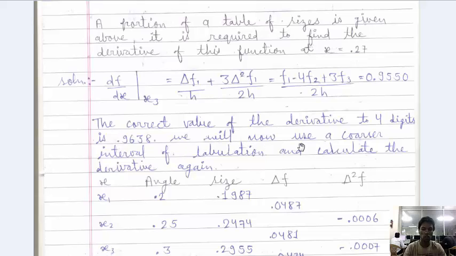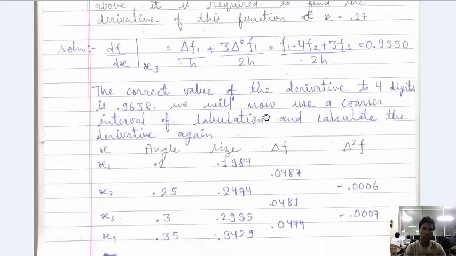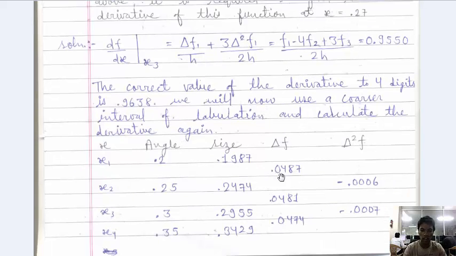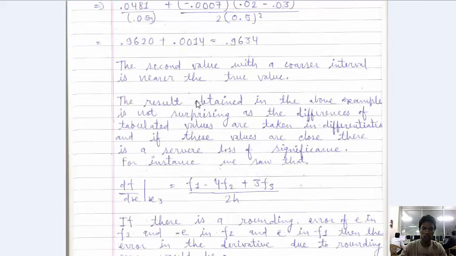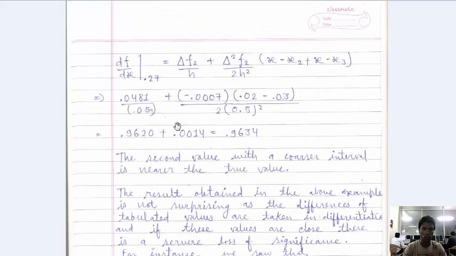We will now use a Fourier interval of calculation and calculate the derivative again. Here we have done the calculation. Now df by dx at 0.27 is equal to delta f2 by h plus delta square f2 by 2h square, times the bracket (x minus x2 plus x minus x3).